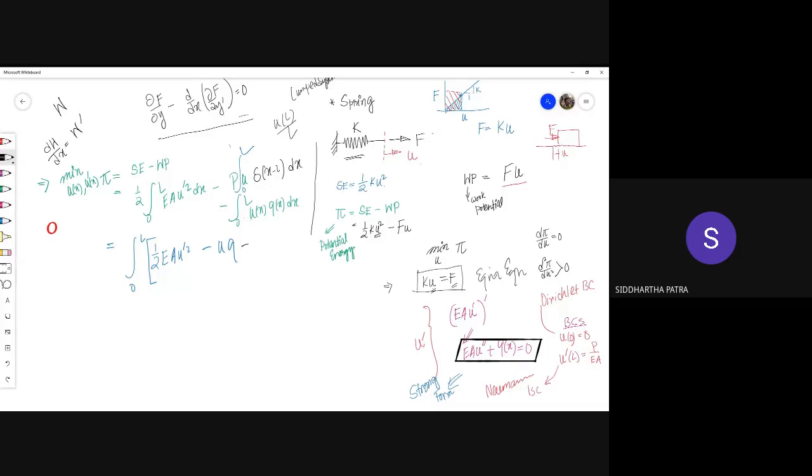So minus P u Dirac delta function x minus L dx.